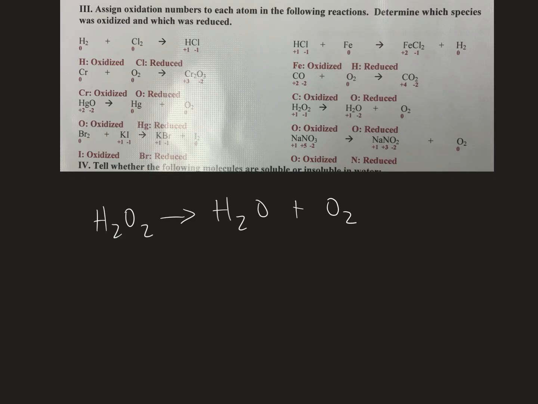So we start with hydrogen first, it's +1. There's 2 of them, that's +2. +2 plus 2 oxygens has to equal what? 0. So we subtract 2 from both sides and divide by 2. It's -1.